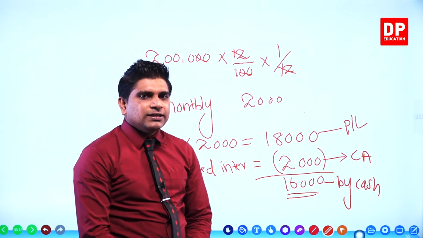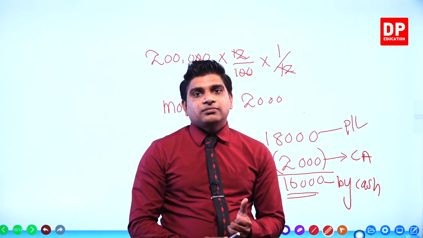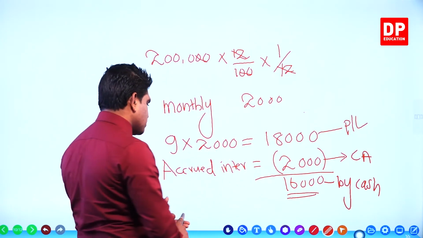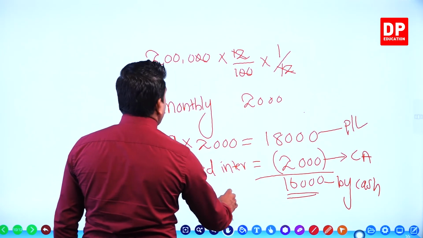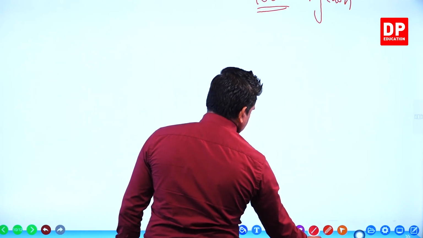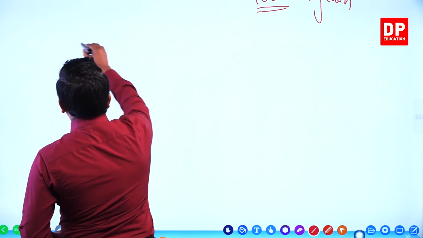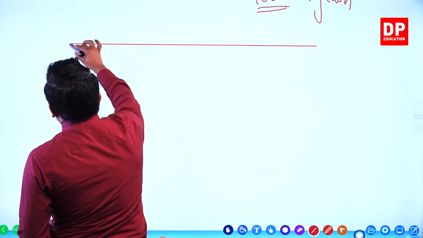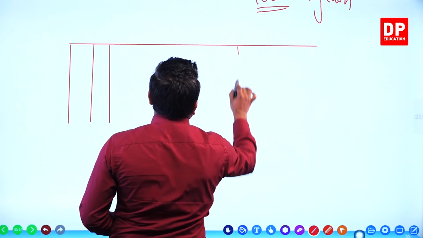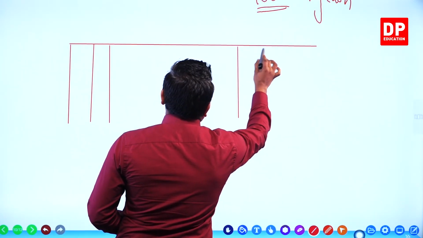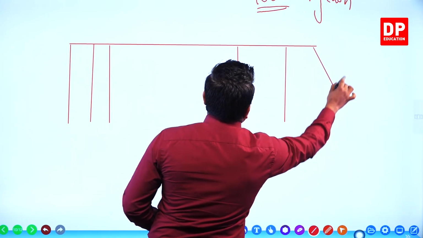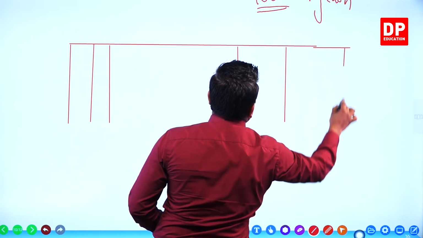Then we have to draw what? General journal, ledger accounts and financial statements, right? Profit and loss and statement of financial position. Hurry up. Now we draw. This is the general journal: date, journal voucher, description, ledger page if you want, but this is enough, right?